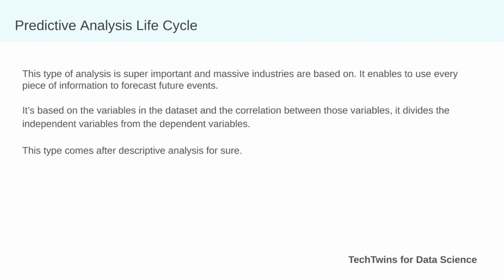And then the application runs an estimate before even the rider submits the request on the application. So it is based on the variables in the dataset and the correlation between those variables. So it divides the independent variables from the dependent variables.